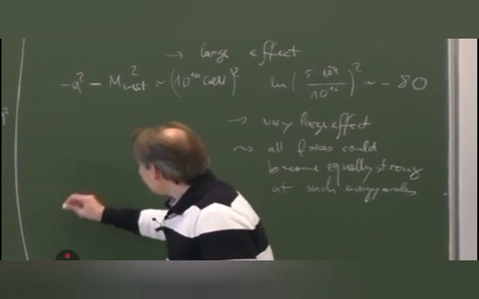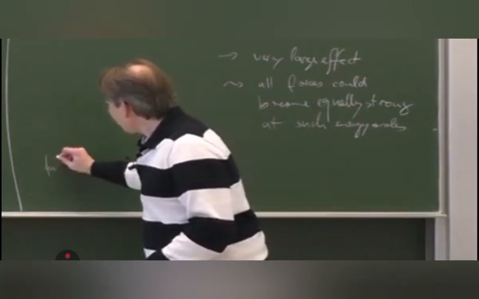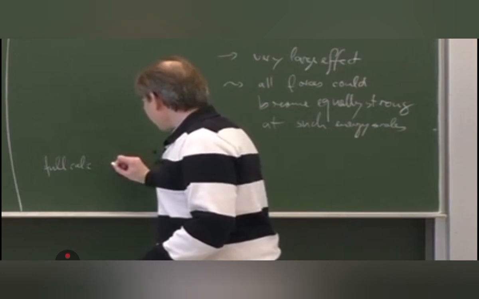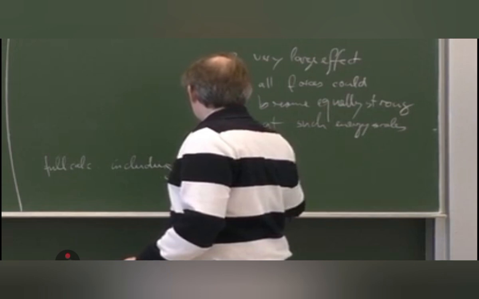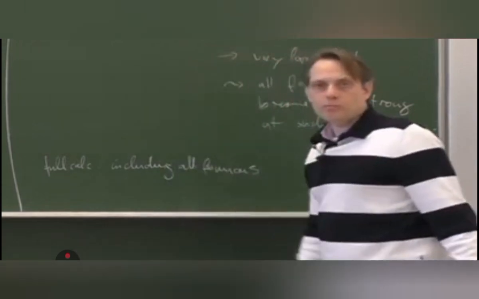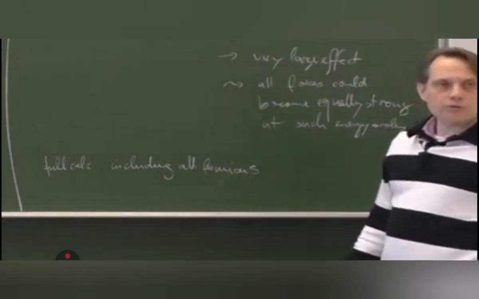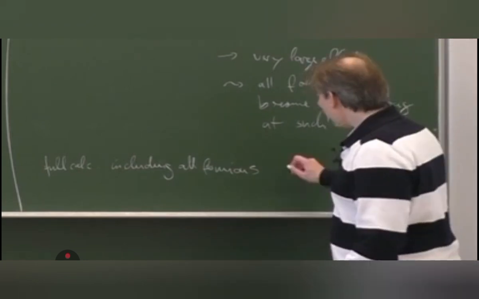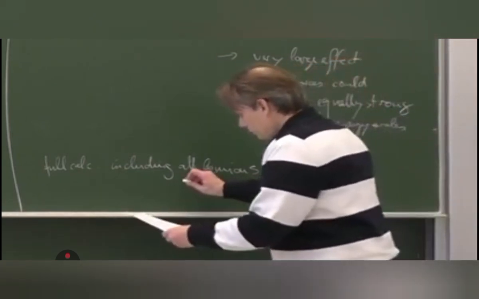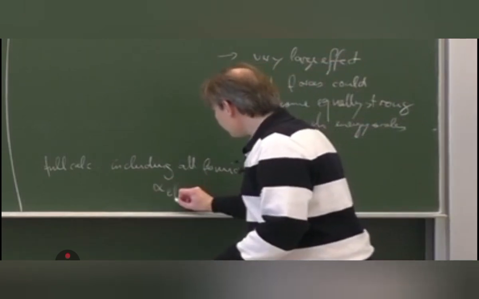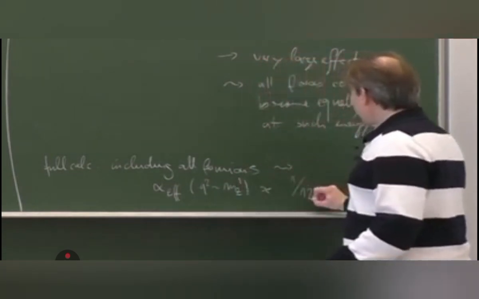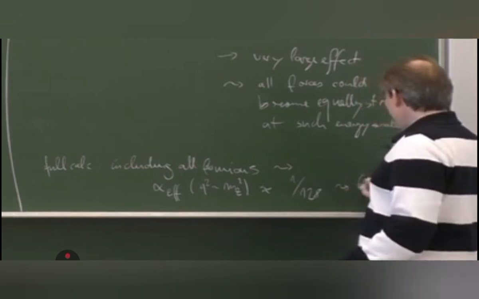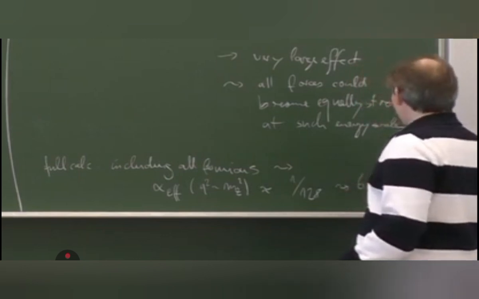Let me just give you also the full calculation, including all fermions, not only the electron but all leptons and also the quarks, which are also strongly interacting. Then the effective alpha at the scale q square equals mZ square is approximately 1/128, and so this is really a 6% effect.